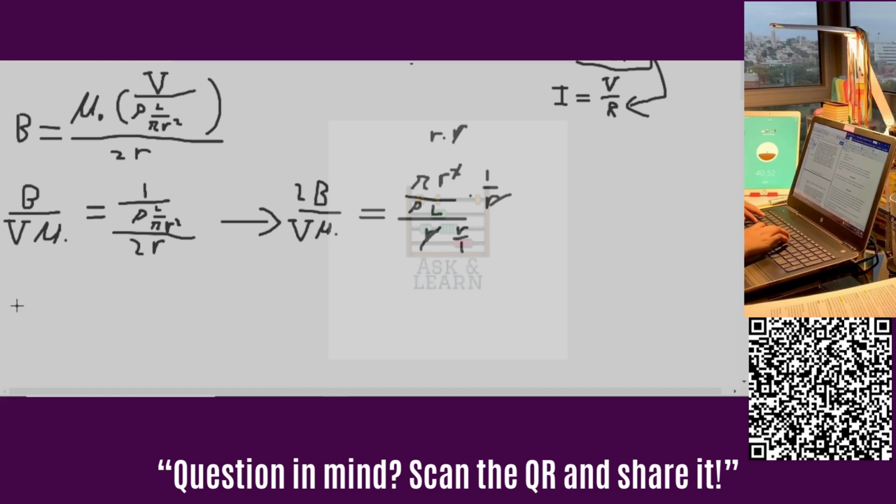So we can rewrite this again as, I'm going to move that pi over here now. We have 2B, divide both sides by the pi to move it over. We have, let's put our constants outside, divided by pi times mu naught times the voltage.